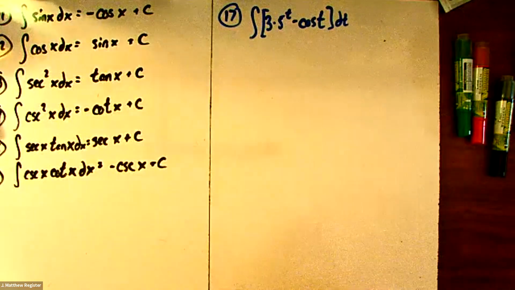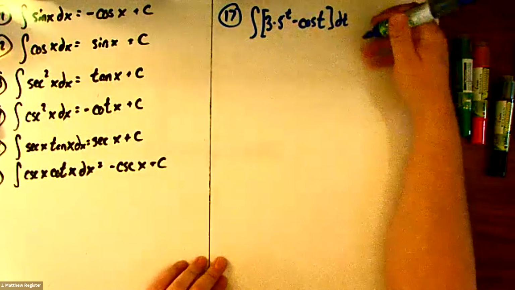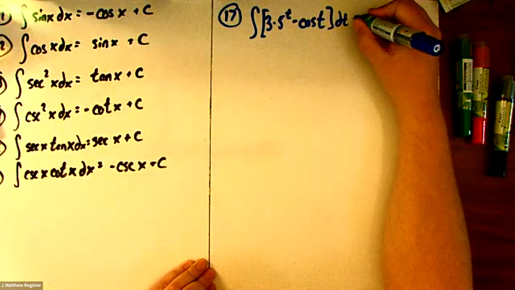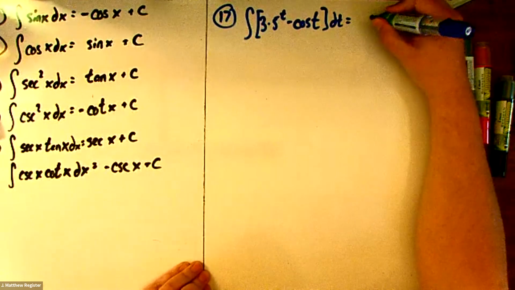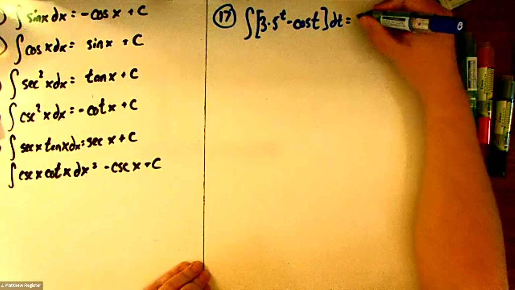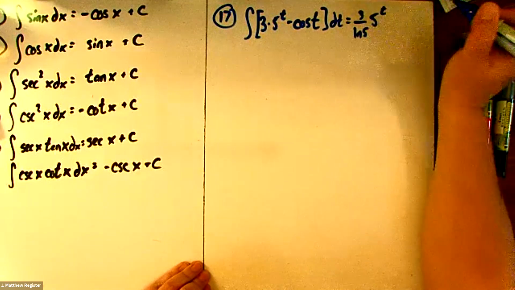And with this one, we can just do the two parts separately. And so 3 times 5 to the t, well, we know that it is going to have that 5 to the t there. We're going to have the 3, and we're going to need to balance it with a natural log of 5.